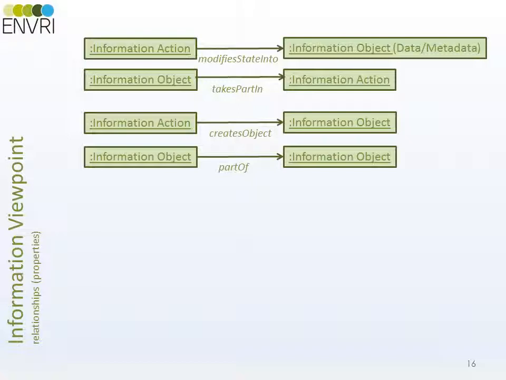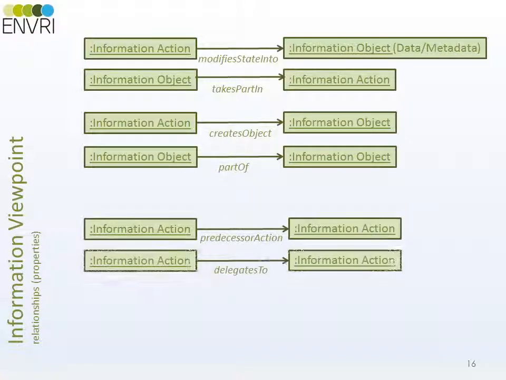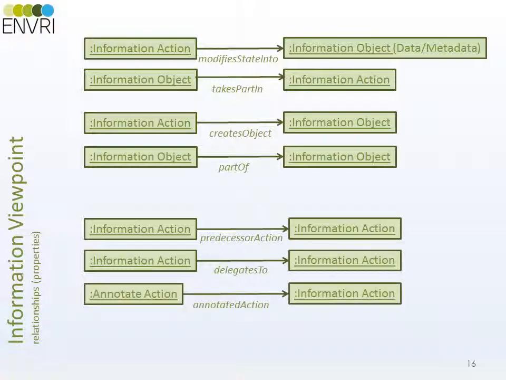In some cases, actions act on other actions, and thus a relation between those two information action concepts is needed. So an action can have a predecessor action, or can delegate to another action. A particular case is used for the provenance tracking, where the annotate action has an annotated action property, applied to any information action in the model.